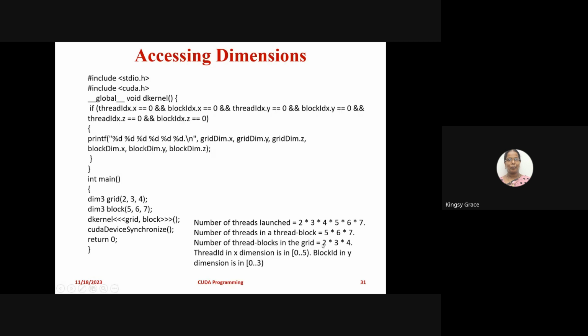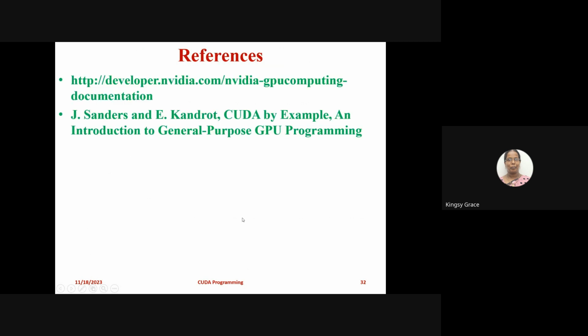Then what about the number of threads launched? We have 24 blocks, and each has 210 threads per block. You have to multiply 210 into 24, and you'll get the total number of threads launched. So this will represent that.